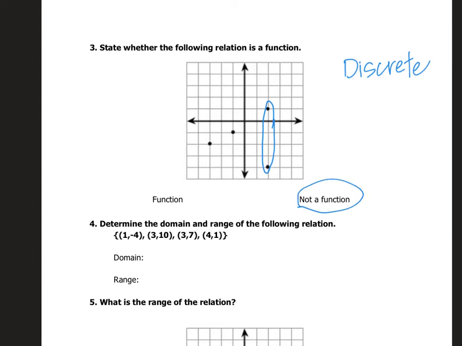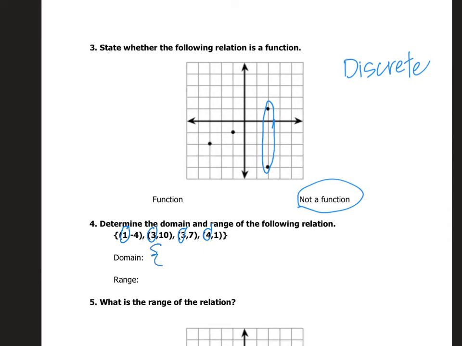All right, so for this next one, we have ordered pairs and we need to state the domain and the range. So the domain are our x values, so the first number within each set of parentheses. And when we're listing our domain, we need to make sure that we have those braces at the front and in the back, and then also that we list our values in ascending order, so from least to greatest.